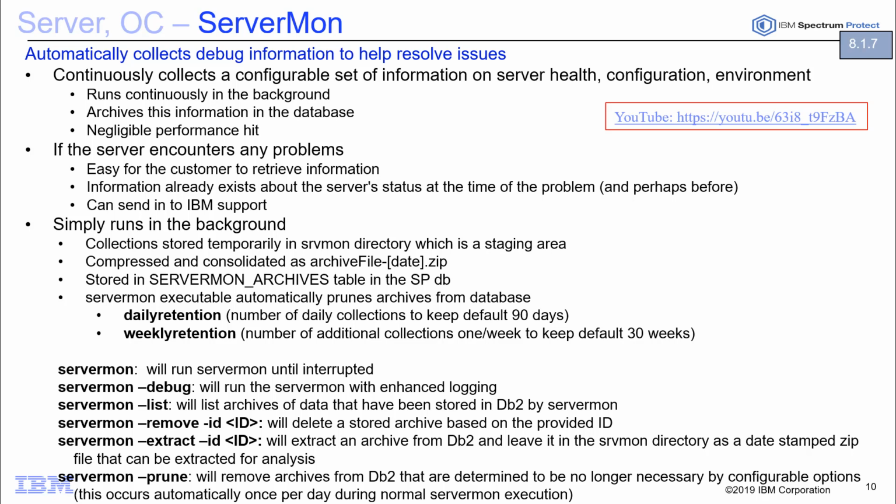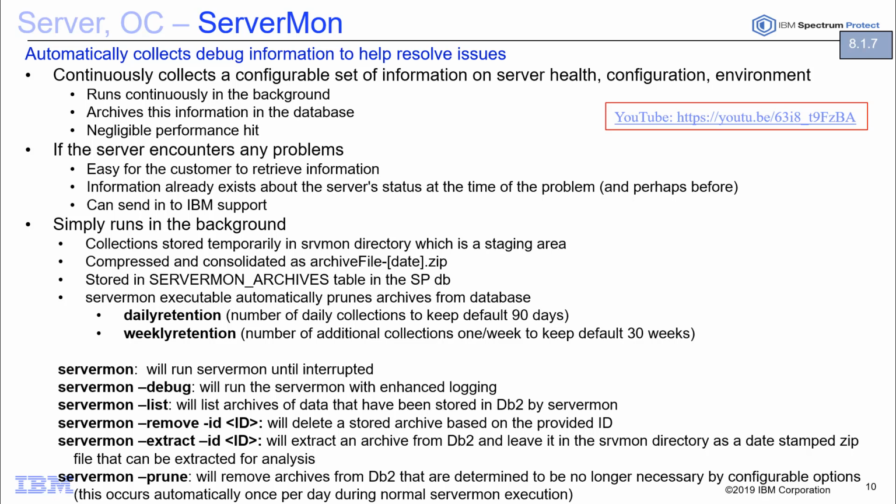Okay, let's go ahead and move on to ServerMon. ServerMon is an automatic collection piece that's running in the background that's collecting things like debug information, configuration, health, environment, all that can be used to help IBM support resolve any issues that you hit. Now, this is going to continuously collect the material in the background.